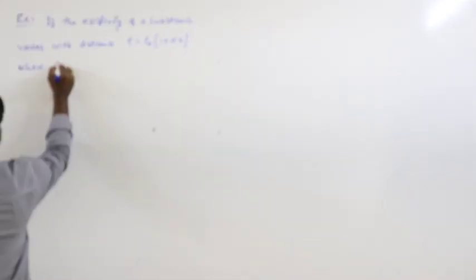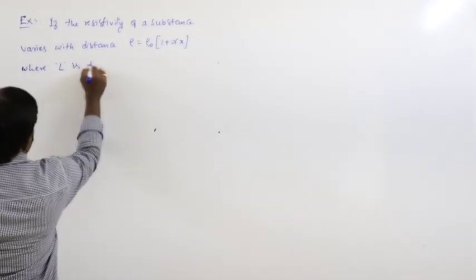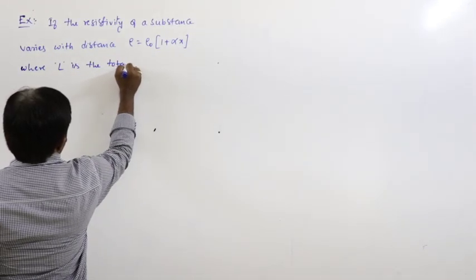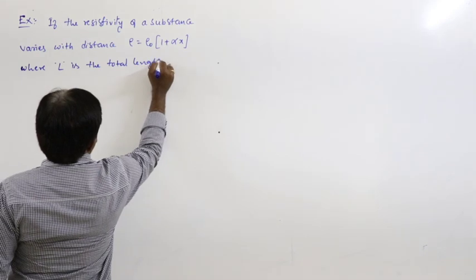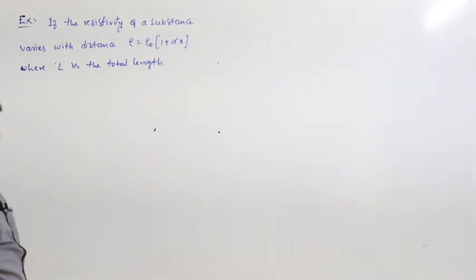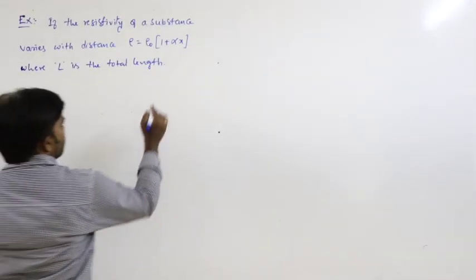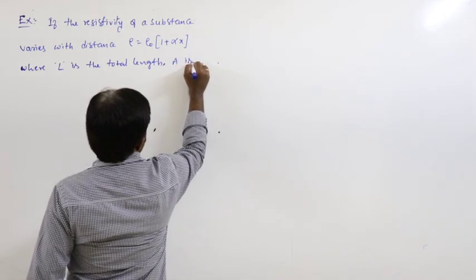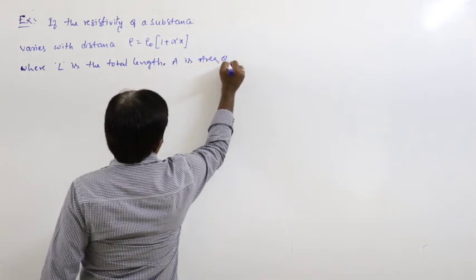Where, for example, L is the total length and A is the area of cross section.